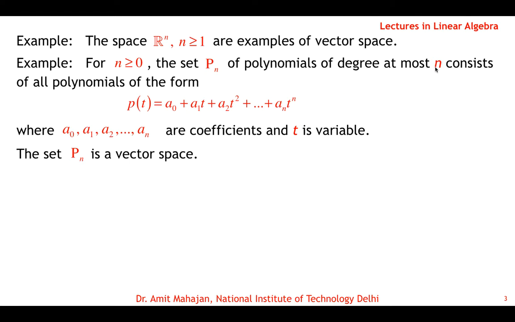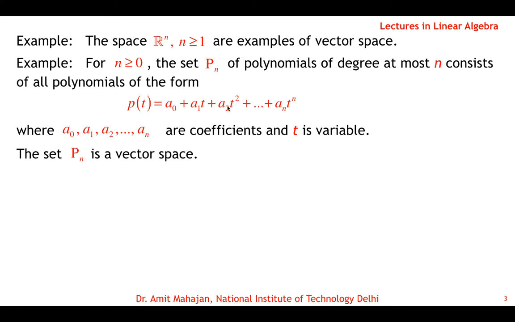That means at most n, it can be a constant polynomial if a1 to an are 0. It can be linear if a1 is non-zero and a2 to an are 0, and so on. It can be quadratic if a2 is non-zero and a3 to an are 0. So it defines the polynomials of degree at most n, where a0, a1, a2, up to an are coefficients and t is the variable.